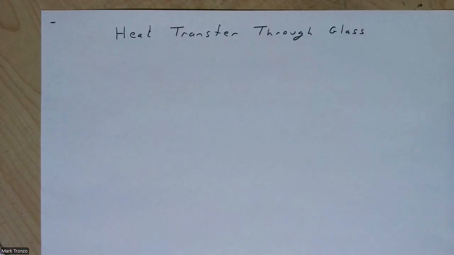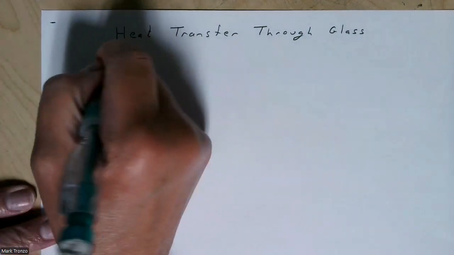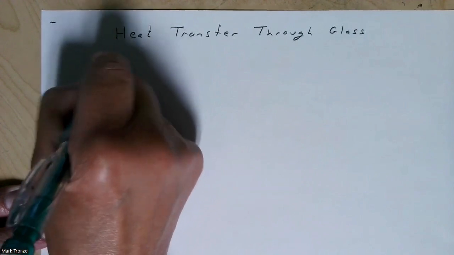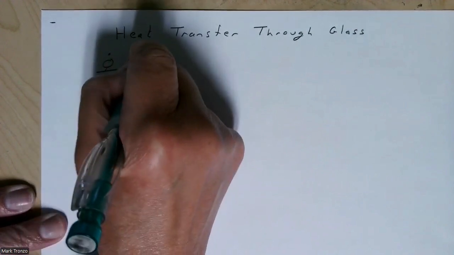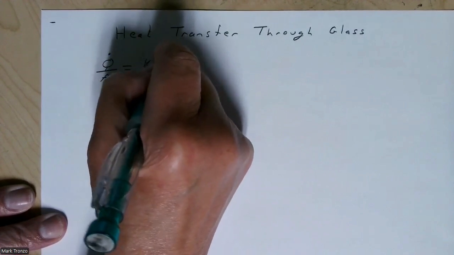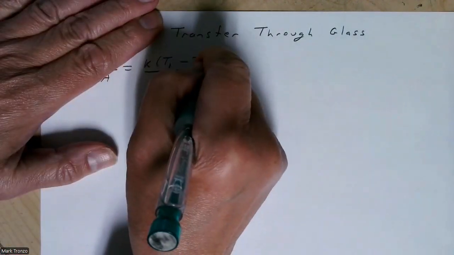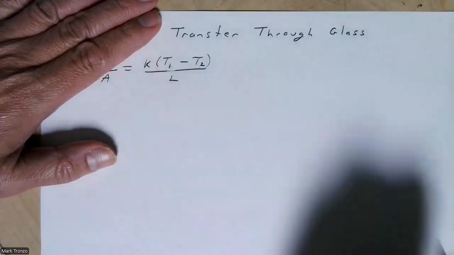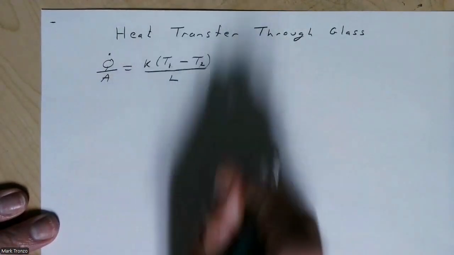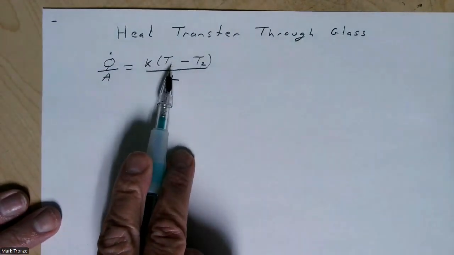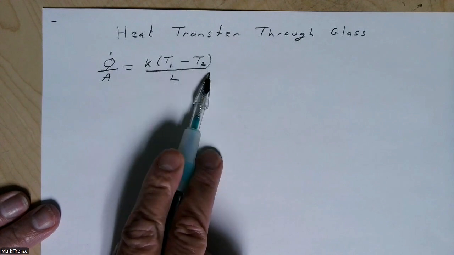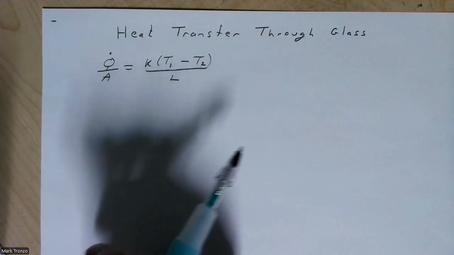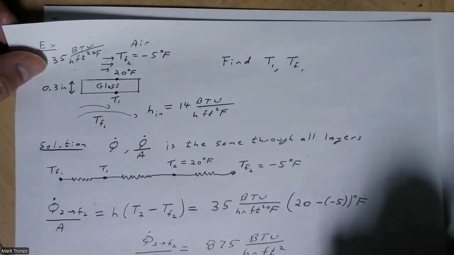Next, we're going to look at the heat transfer through the glass. And again, that's going to be conduction. T1, because I call it our 20 degrees at T2. And of course, we always want to have the warmer temperature here and the lower temperature here. Now, we want to solve for T1, looking at our picture here.